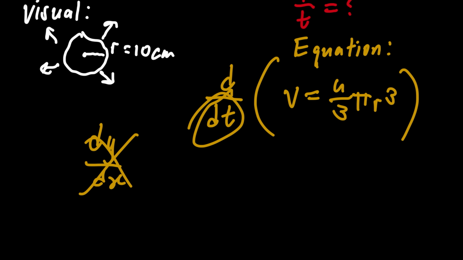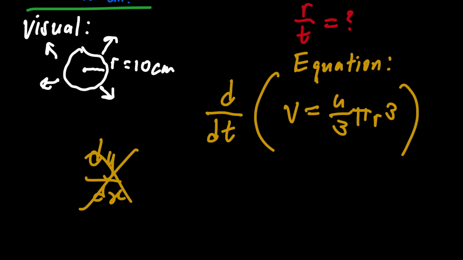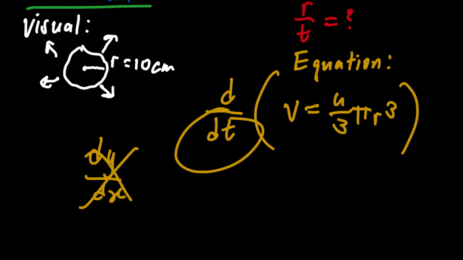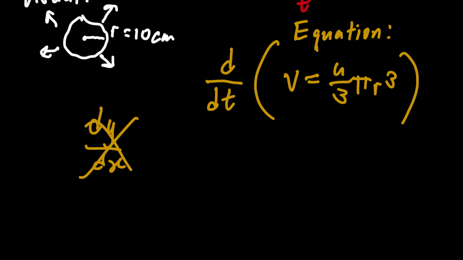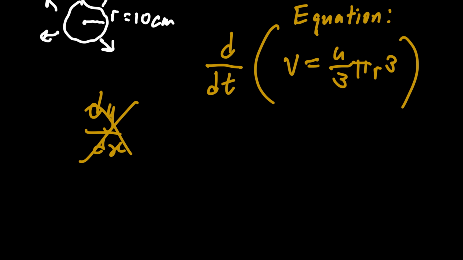It sounds complicated saying with respect to time, but it's actually really simple. All it is is finding the rate, right? How quickly it changes, we need to divide by time, like any other rate that we've talked about before. We need to take the derivative with respect to time. We need to divide by time. You may think the process is different, but it's actually pretty much the same.